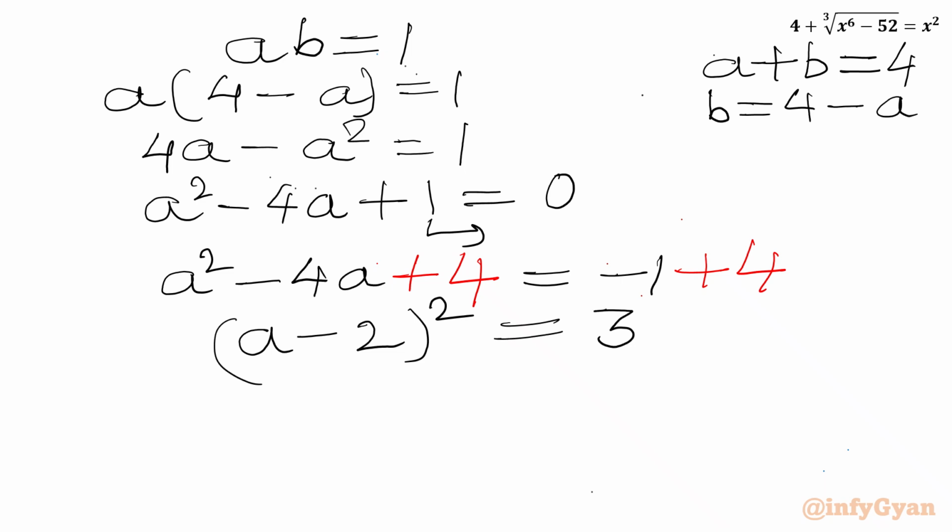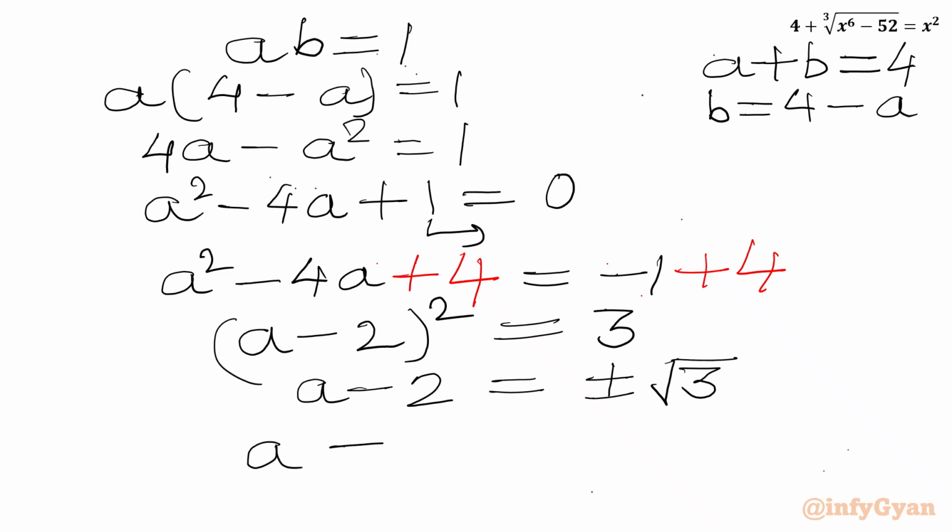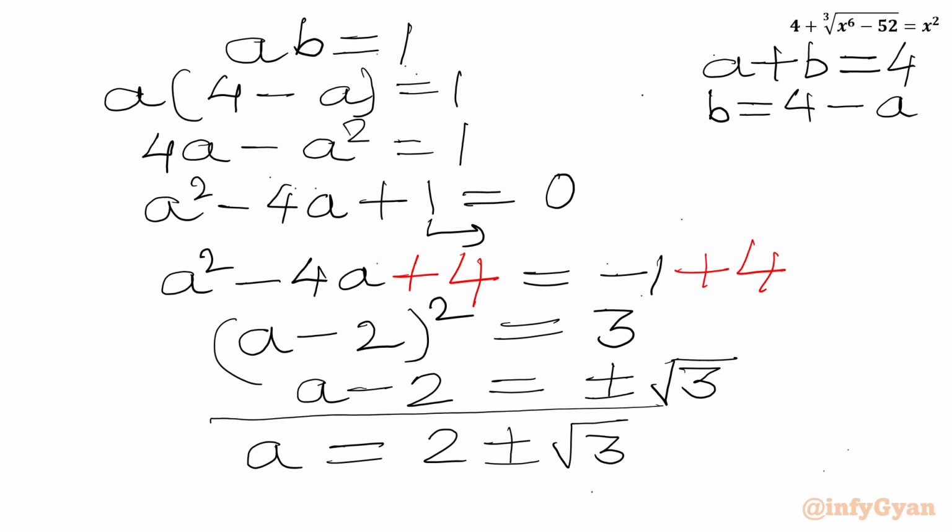Now we will consider square root both sides. So a minus 2 will be equal to plus minus square root 3. Or I can write a will be equal to 2 plus minus square root 3.